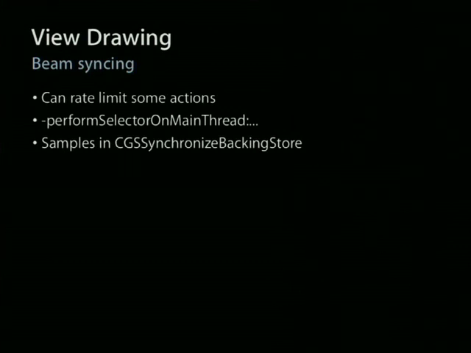So if you're spamming the main thread while you're doing lots of drawing, try and break your work down into chunks that can be drawn in one call to performSelectorOnMainThread rather than doing 1,000 calls in a second. And the place to find out whether you're being rate limited by the beam syncing is if you get a sample and you're spending time in CGSSynchronizeBackingStore, that's the thing that's doing the drawing basically, then you're probably getting limited by the Window Server.